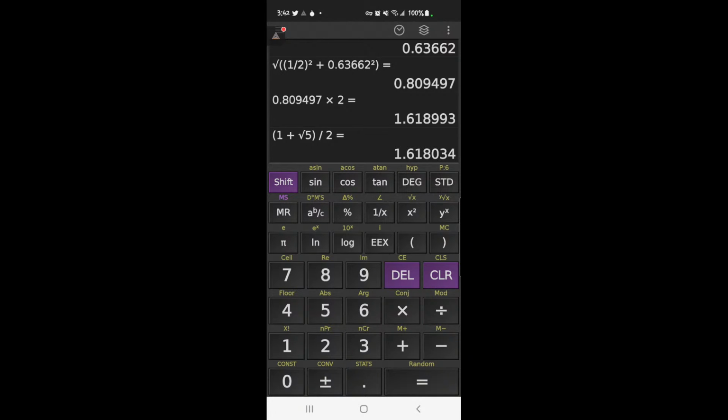The reason why that is not the golden ratio is because it does not have the same properties as the golden ratio.